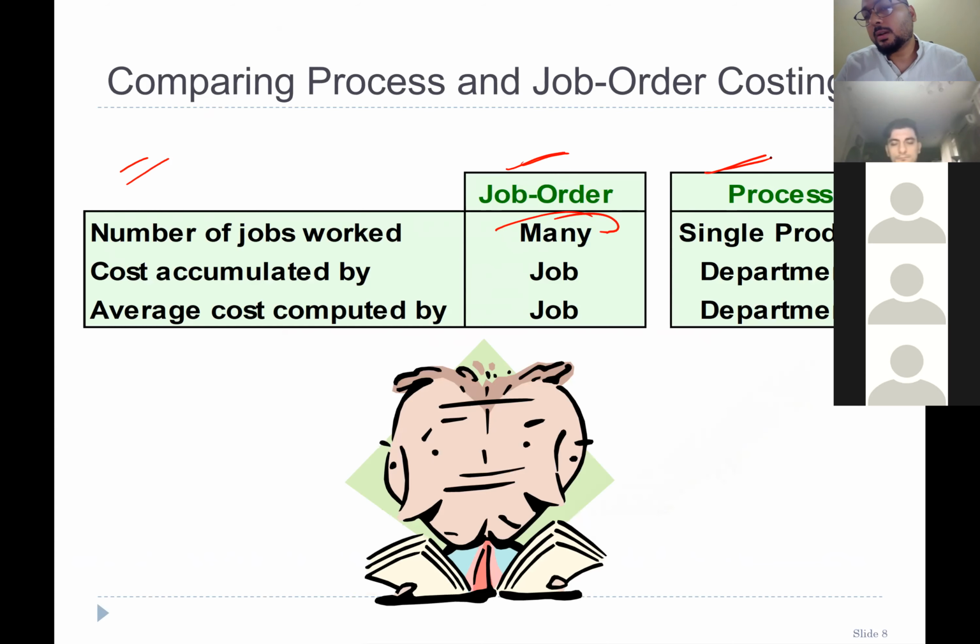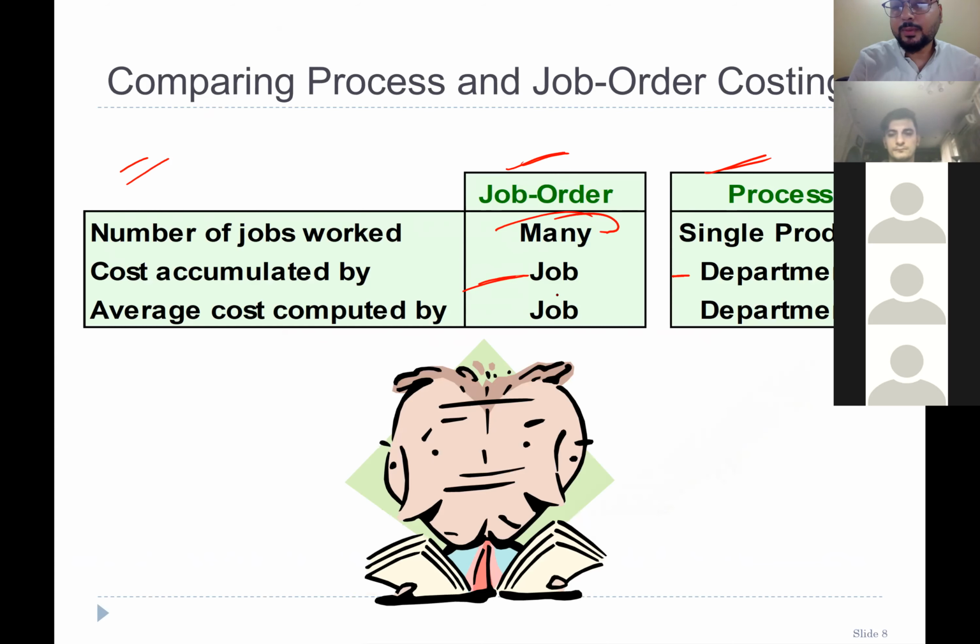Process costing, everyone is making a single product. It's like an assembly line, that's it. You're working on a single product. Cost is accumulated by jobs in job order costing, and in this one, they are accumulated by department. So assembly department cost divided by the number of units, that's it. How many units they assembled, easy.